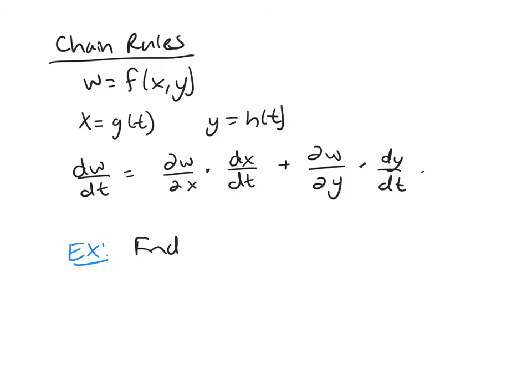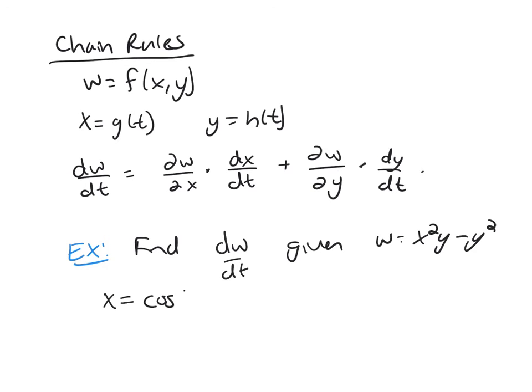So let's look at an example here. Find dw dt given w is x squared y minus y squared, x is cosine t, y is e to the t, and I want you to find, so I'll add in something here, find dw dt when t is equal to pi.